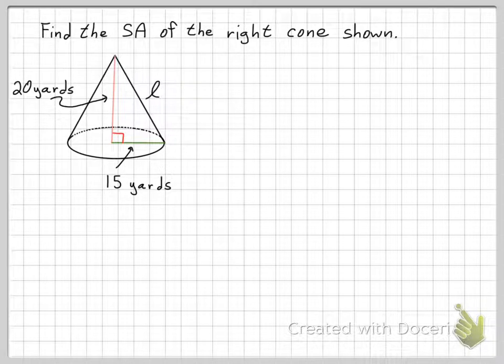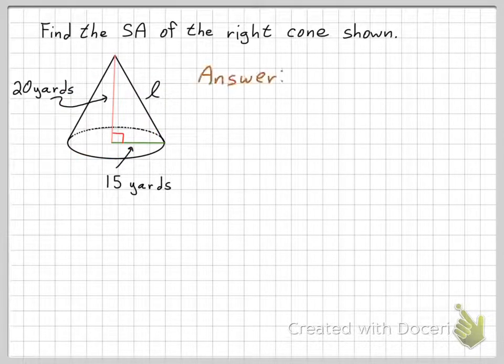It has a height of 20 yards, and it has a radius of 15 yards, and we don't know what the slant height is. L in this case stands for slant height. And we want to find the surface area of this whole cone. What is the minimum amount of wrapping paper it takes to wrap up this cone?